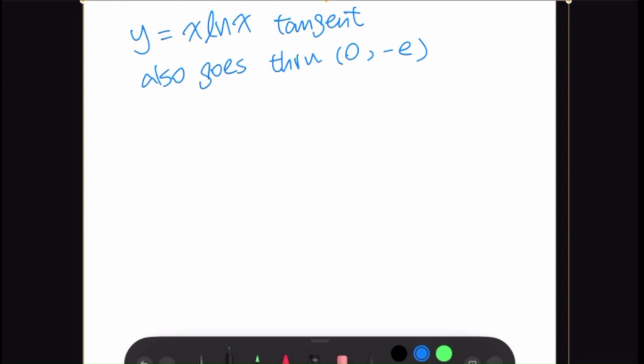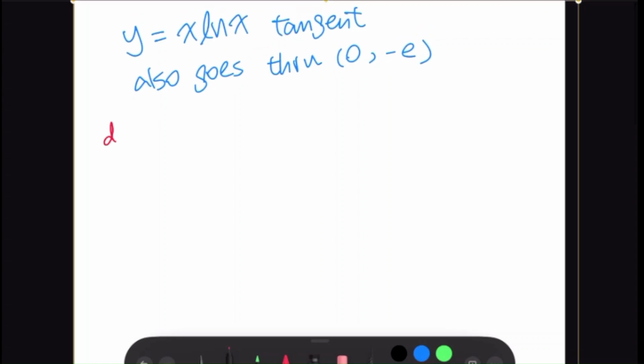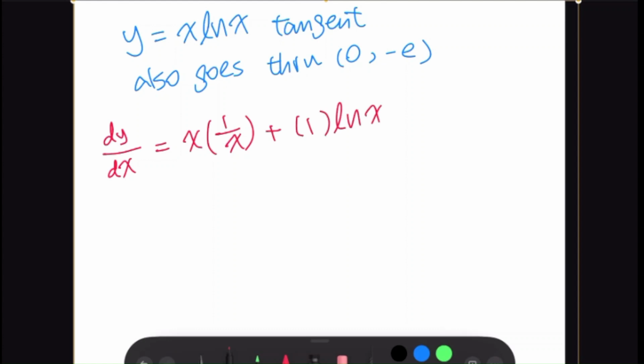The way to start, like with any question relating to tangents, is to look for dy/dx, which with the product rule we know is 1 times ln x, equals 1 plus ln x.